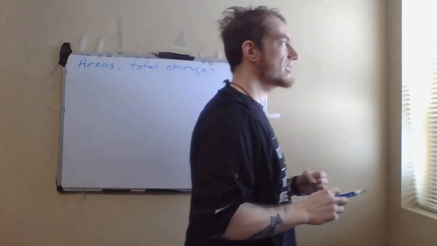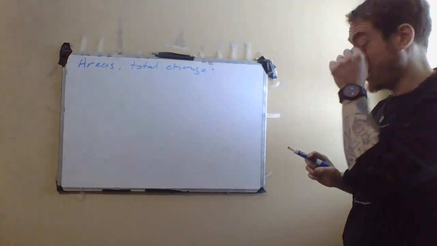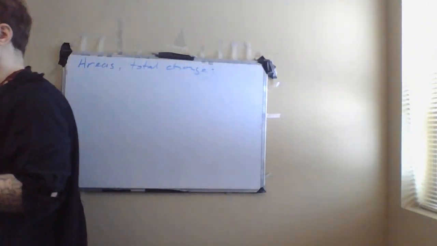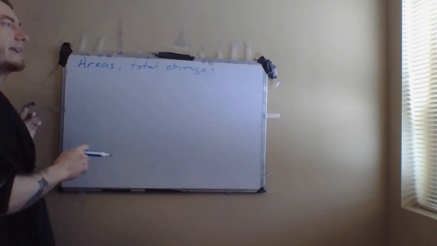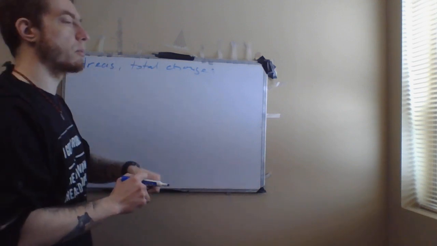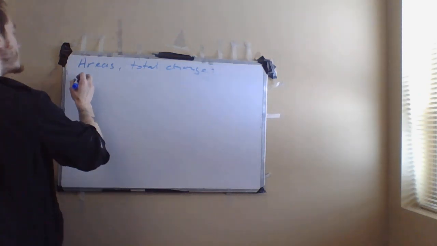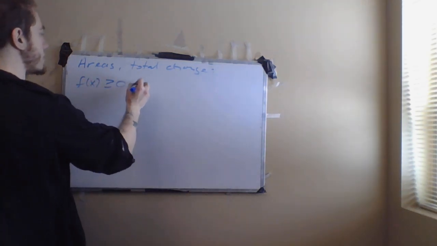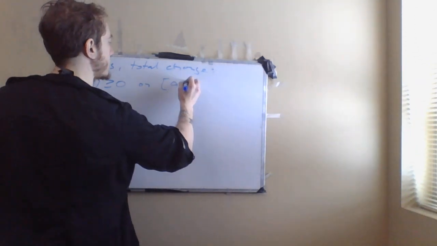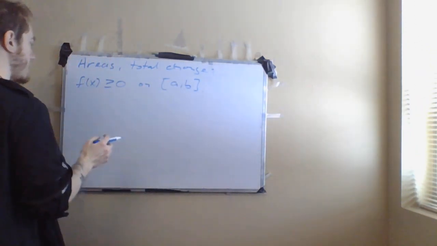lecture. So the first thing that I want to consider is going to be a somewhat straightforward sort of thing to consider. It's not really straightforward, but it's going to be a bit of a simpler case than what we're going to say in a moment. Let's suppose that we have f of x is bigger than or equal to 0 on some interval from a to b.